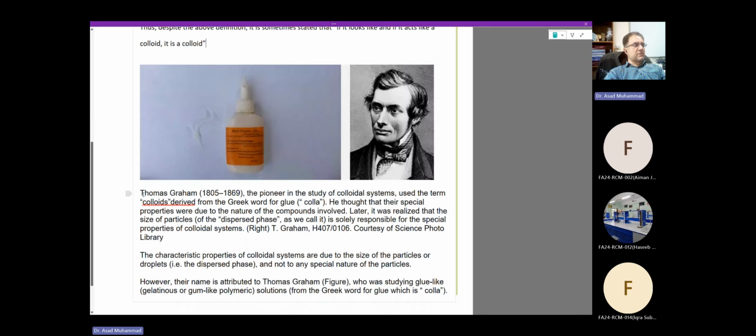So we see that Thomas Graham, 1805 to 1869, who is the pioneer in the study of colloidal systems, used the term colloids derived from the Greek word for glue, which is colla.